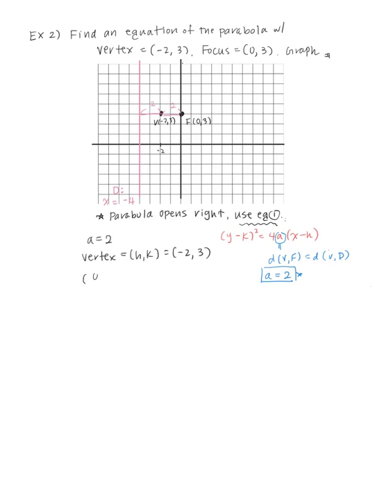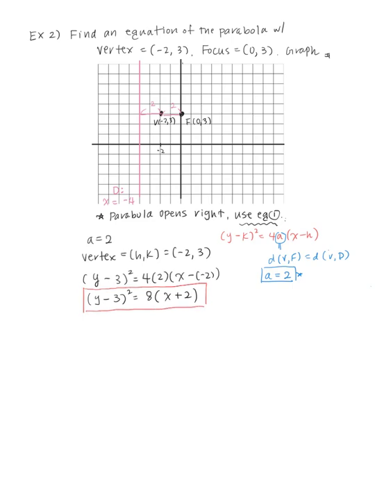We're going to have y minus k, which will be 3, squared equals 4 times a, and then x minus negative 2. So our equation is going to be y minus 3 whole quantity squared equals 8 times x plus 2. So this is the equation that we're looking for.